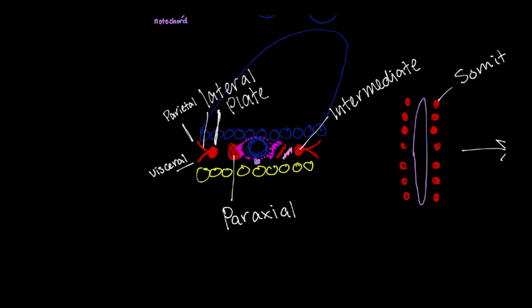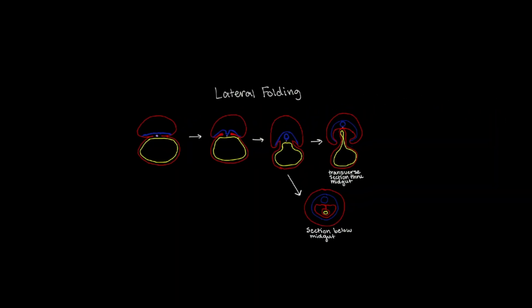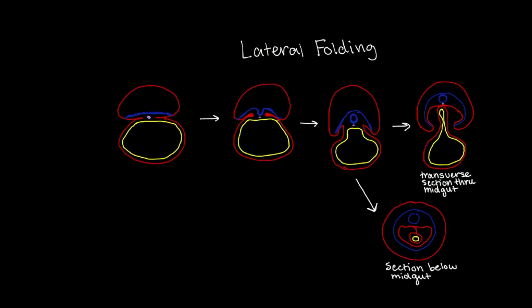Now, at this point, it'll be helpful to go over folding of the embryonic disc. The embryonic disc will undergo lateral folding, and it'll look something like that. But I have some illustrations of that, so I don't have to do that in real time. That'd be a nightmare. So, lateral folding will occur.